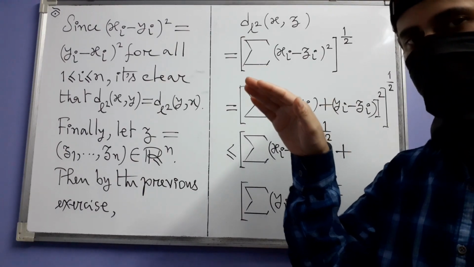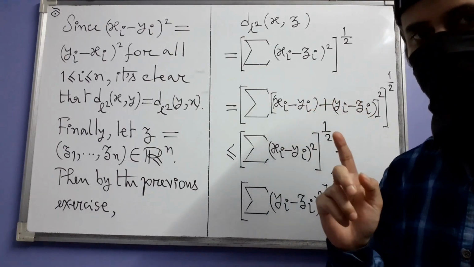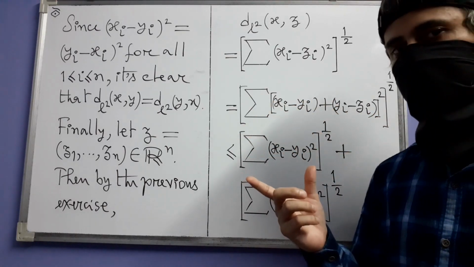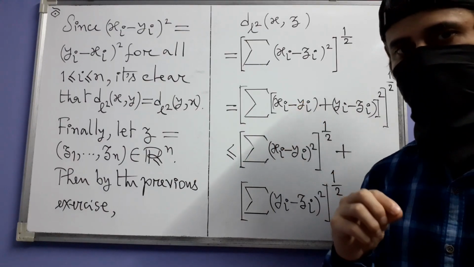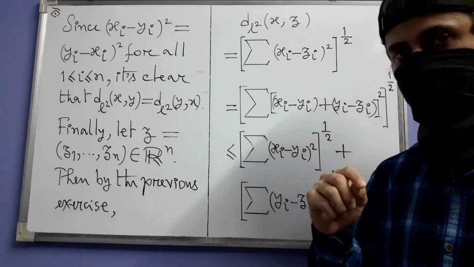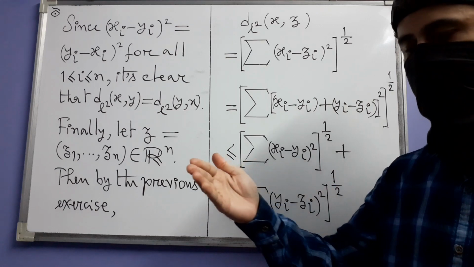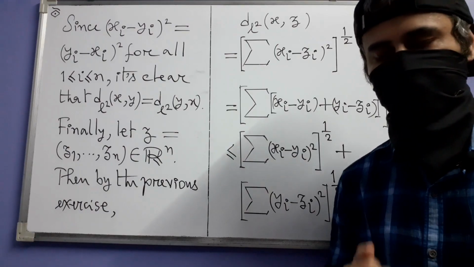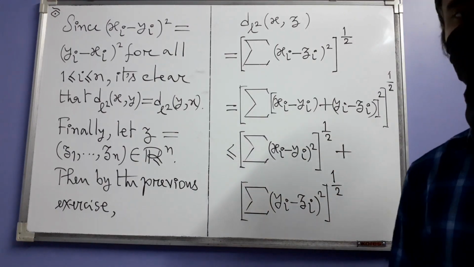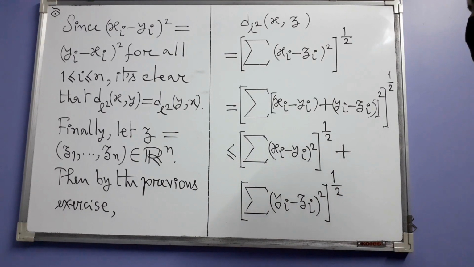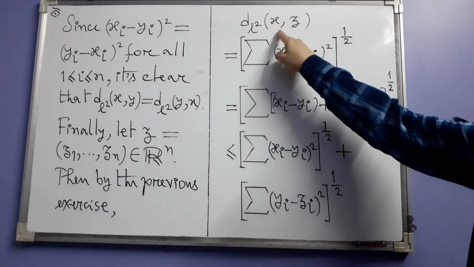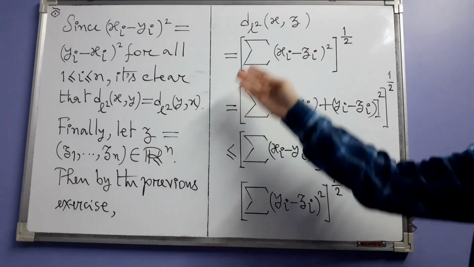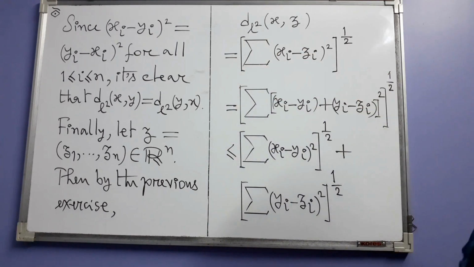Actually, it starts by proving an identity, you remember, which we proved by induction. And then using that identity, we derived the Cauchy-Schwarz inequality. And then using the Cauchy-Schwarz inequality in turn, we finally derived another inequality which we can call the triangle inequality. That we are going to use here. So what do we do? We start with this dl2 value of x comma z. So by definition, this is equal to this.